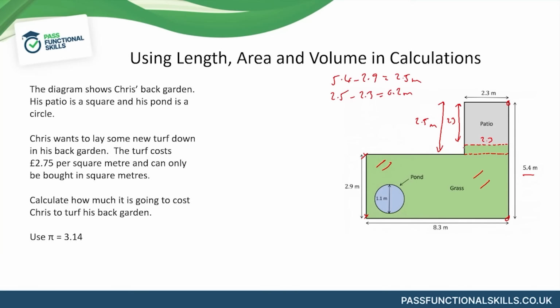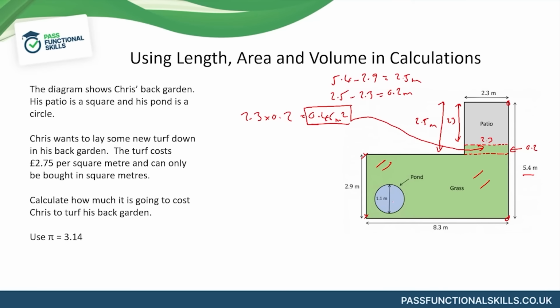So this is a rectangle here which is 2.3 across and 0.2 down. So the area of this rectangle is 2.3 multiplied by 0.2, which is 0.46 square metres. I'll just draw a little arrow to show that that is the area of that part there.